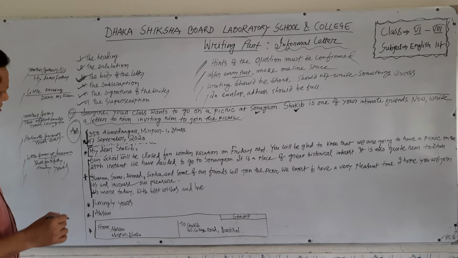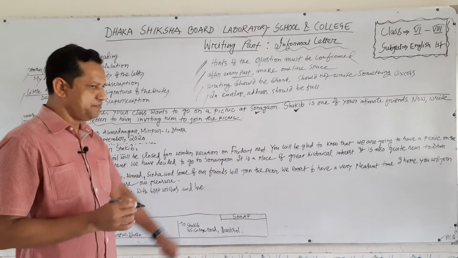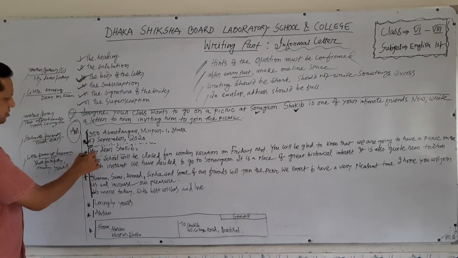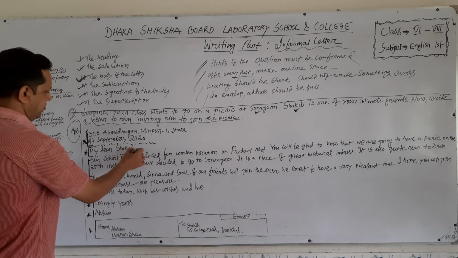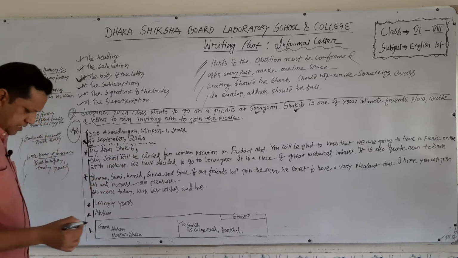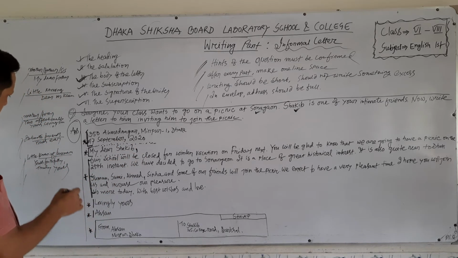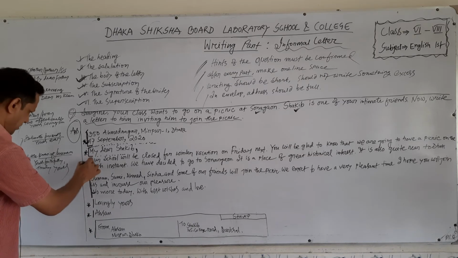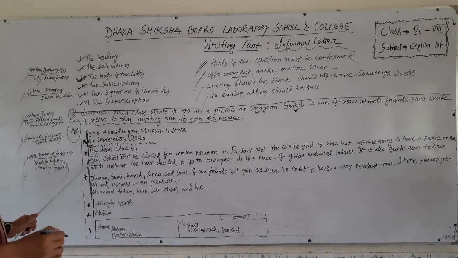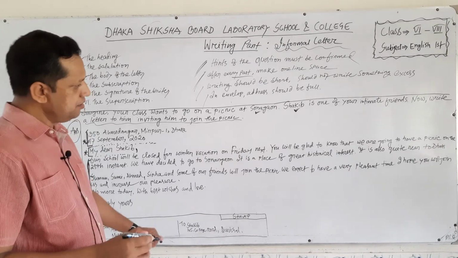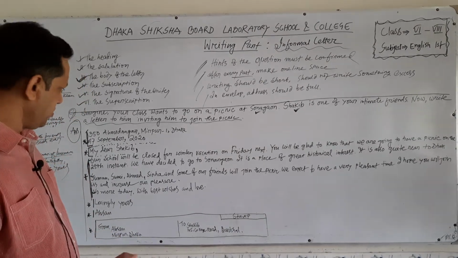His friend's name is Shakib, so "My dear Shakib" is the second part, and there must be a comma here in the American system. Then this is the body of the letter. I have written it in one way, but you have to write in another way, okay?